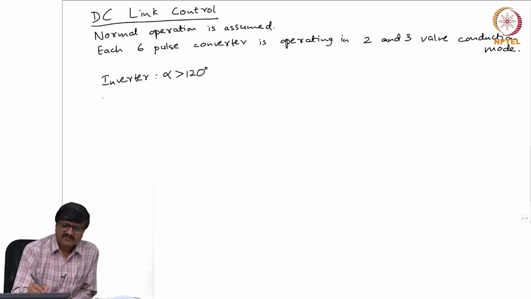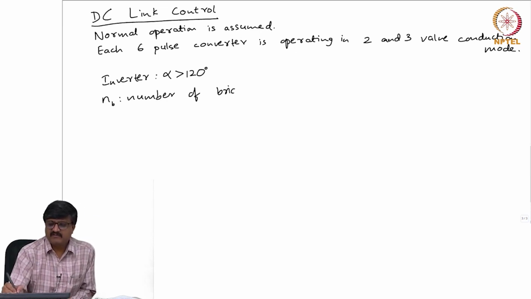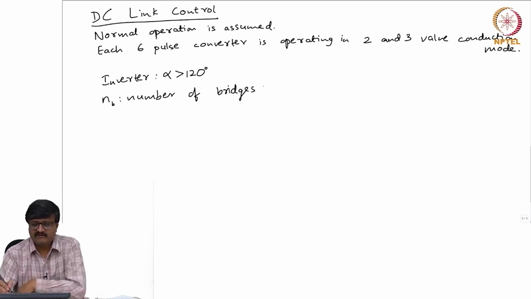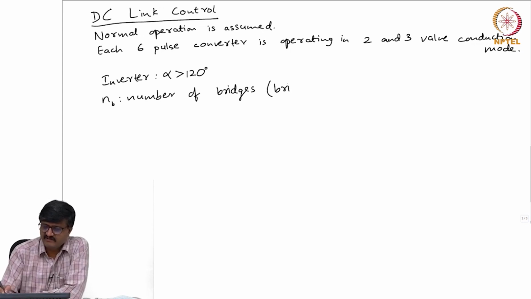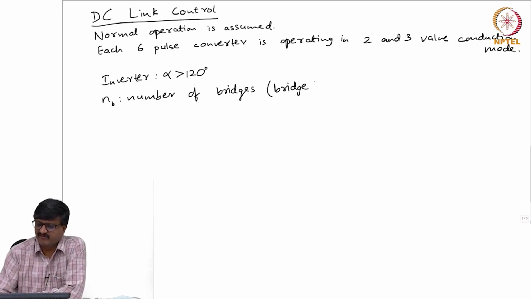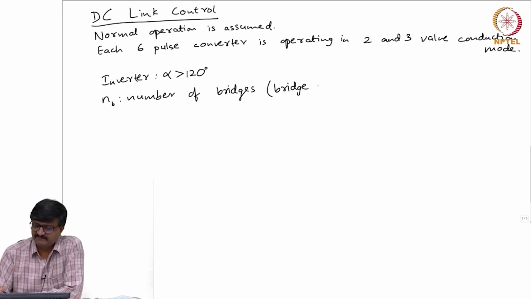Now, I will use some notation NB. NB is the number of bridges connected in series on the DC side. In other words, a bridge is a synonym for 6 pulse converter. Bridge means 6 pulse converter.